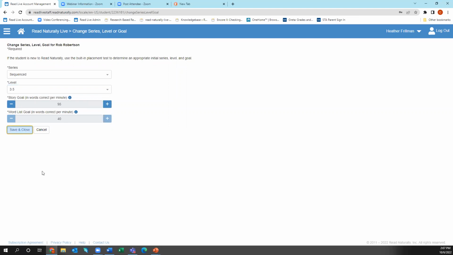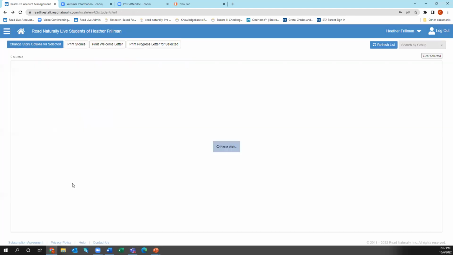When you decide to raise a level, you also decide at that same moment to leave the goal the same. We don't change both things at once. We change one at a time. So as soon as you realize a student needs a higher level, you also know they're going to keep the goal the same. Rob's goal is currently 95. I'm going to leave it at 95, but make the content he's reading a little bit harder.